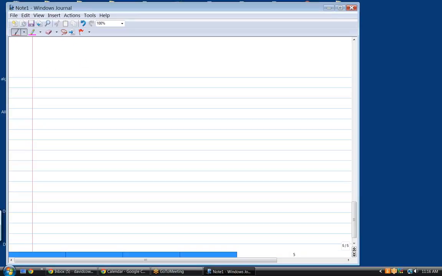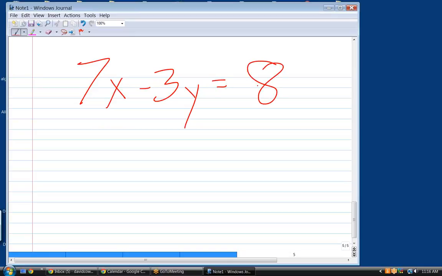This might sound like it's extra hard, but it's actually not. It's doing the exact same things that we've been doing. Now, when you have 2 variables and only 1 equation, that means we're not actually going to be able to solve for a number, for x or y.